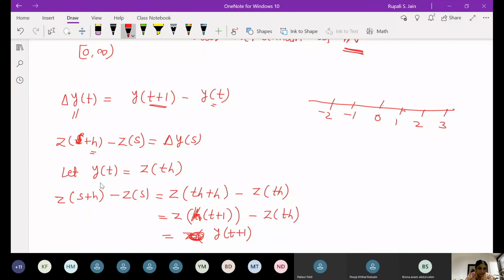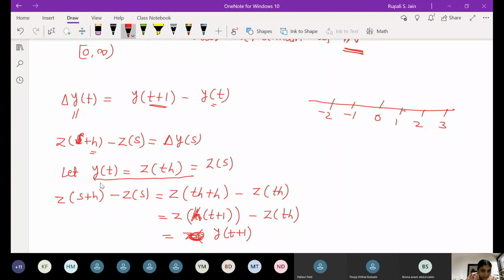No, ma'am. I am taking z at th as yt. So if my variable, you can say this is my zs. Okay, s is nothing but th. Now I am considering s as th, t times h.